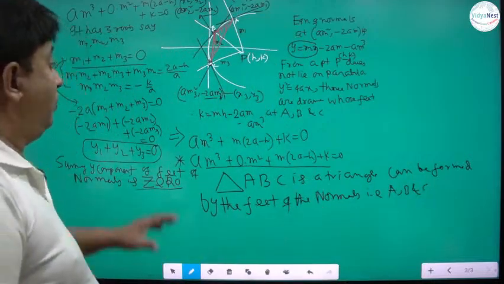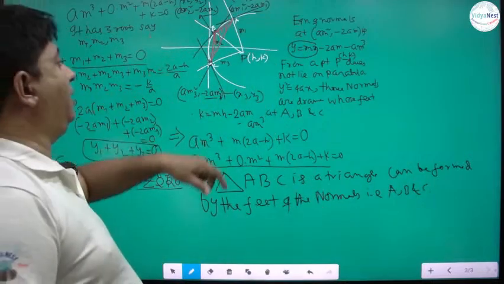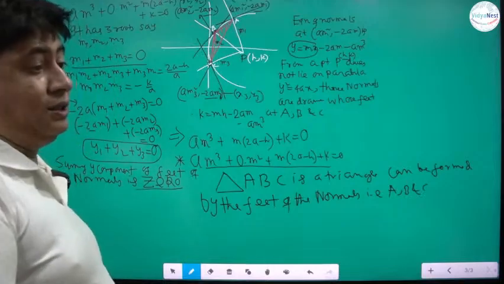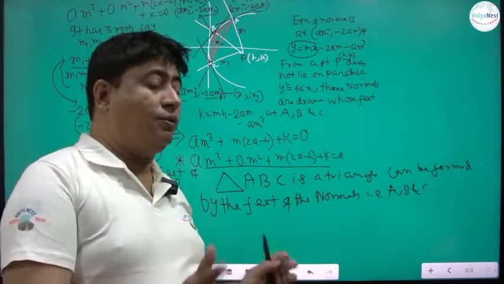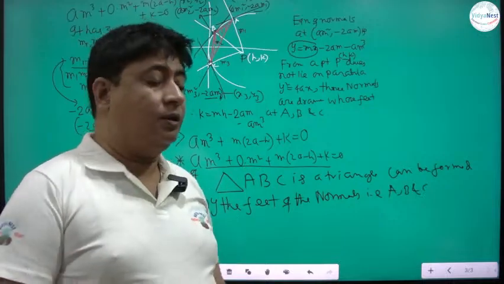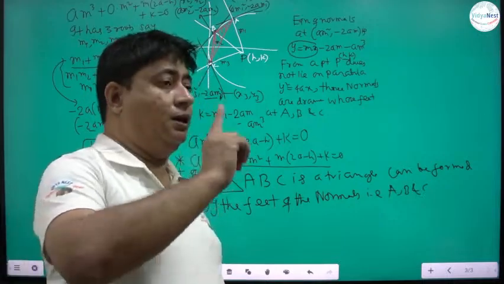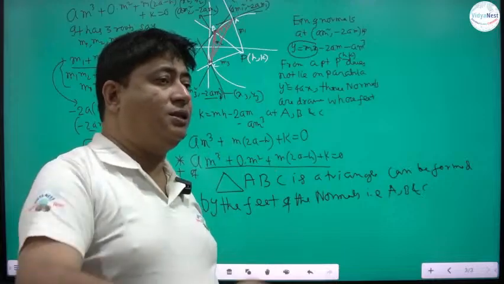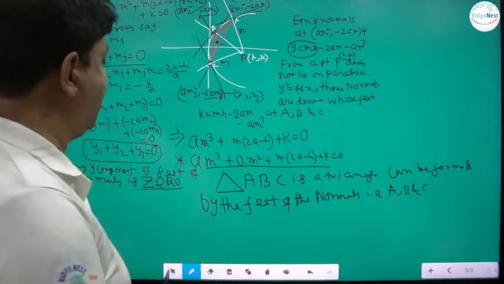Now if you are told to find the centroid of this triangle, you are quite accustomed with the term centroid. What is that? It is the point at which the medians of the triangle meet.